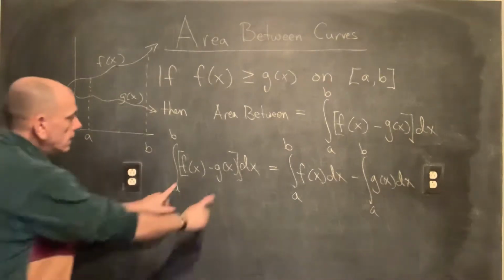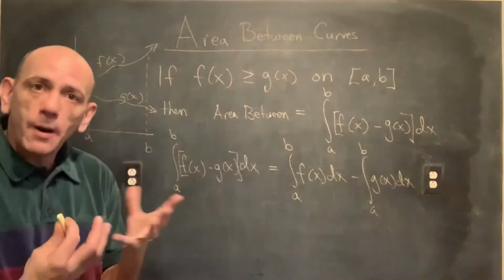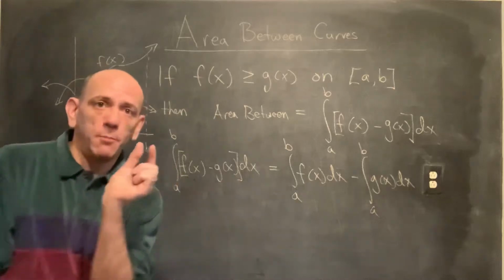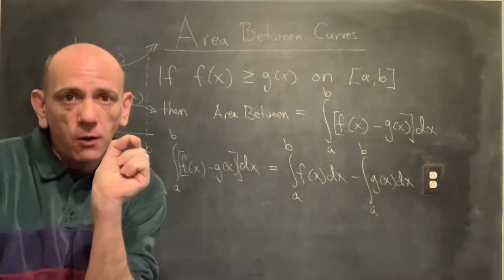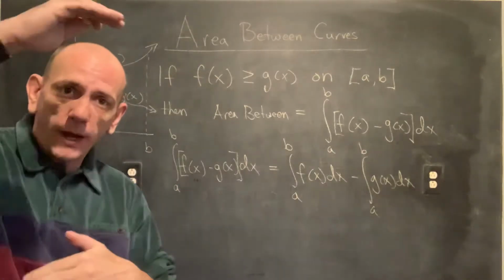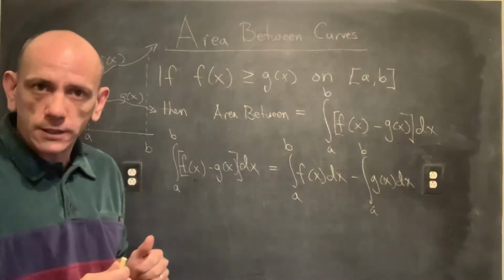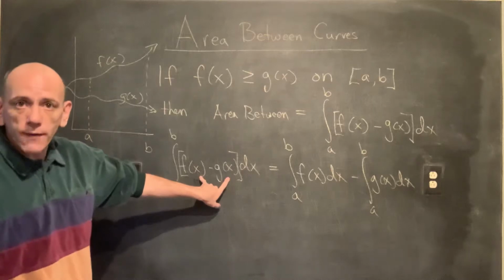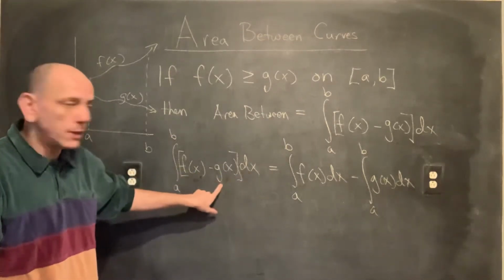Okay, looking at it this way, what I'm adding up, remember the integral is adding up a bunch of different rectangles where the width of the base is our dx, infinitesimally small, and the height of that rectangle is whatever that function is inside. So here, this f of x minus g of x is the height of the rectangles that we're adding up here.